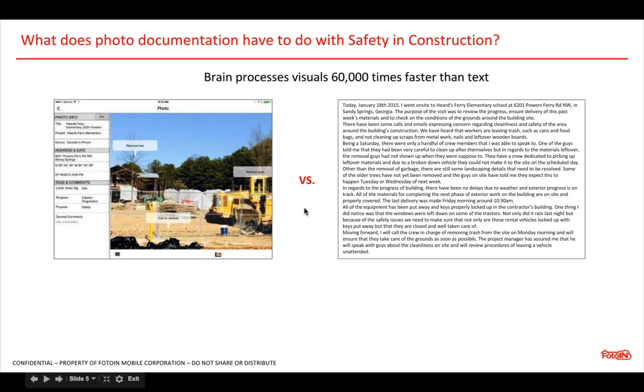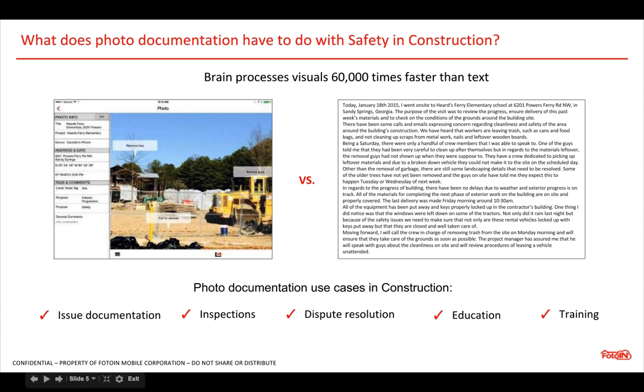There are multiple use cases for photo documentation in terms of safety in construction: to document issues, to conduct inspections, to resolve disputes, and then to educate and train the site crews on what to pay attention to, how to avoid it, and what to really look for as they're trying to maintain the safety of the site and make sure that the crews are doing their part.